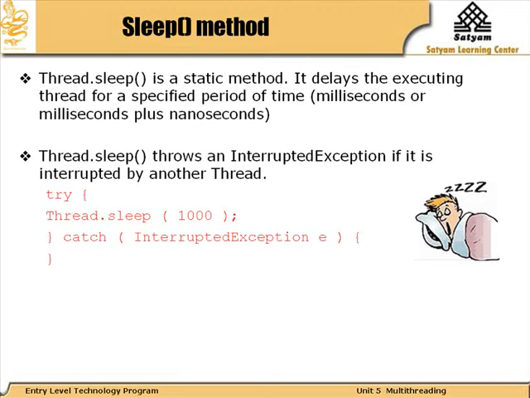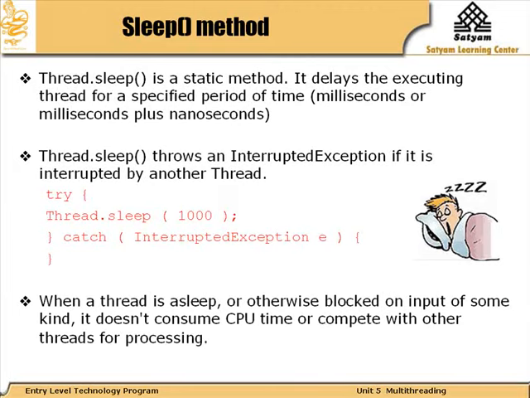InterruptedException is a checked exception. Therefore, you need to handle or declare it under the throws section. When a thread is asleep or otherwise blocked on input of some kind, it does not consume CPU time or compete with other threads for processing.